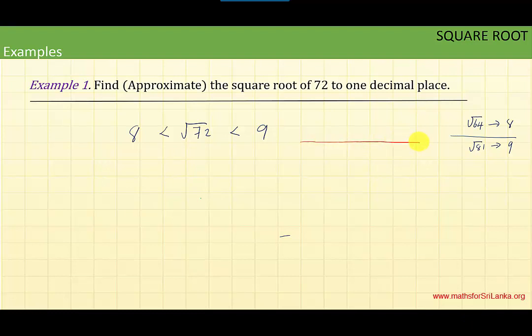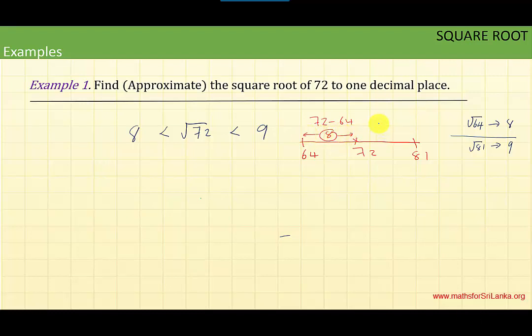Now, which one is it closest to? Think about a number line. So we have 64 and 81. Now we have 72 somewhere here. The distance from 64 to 72, or 72 minus 64, will give you 8.